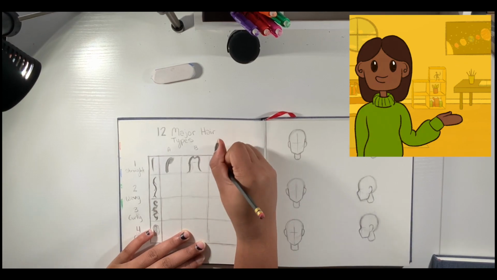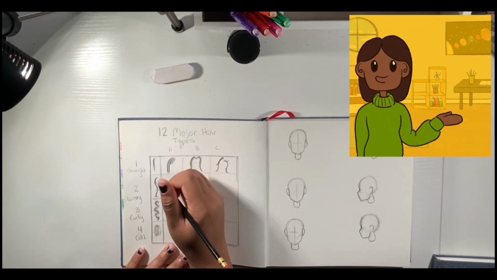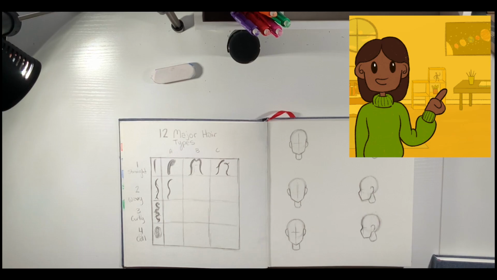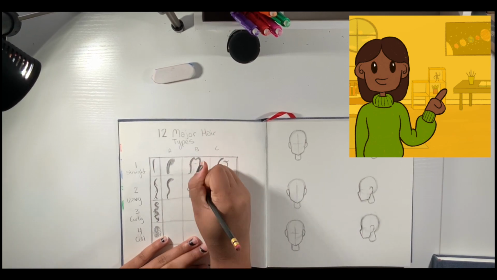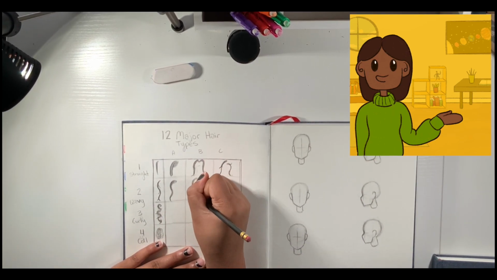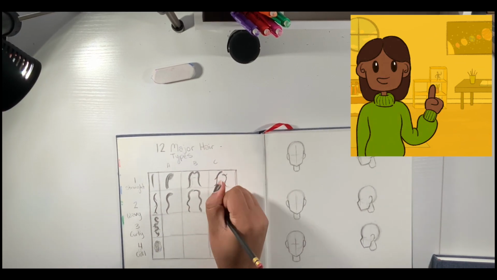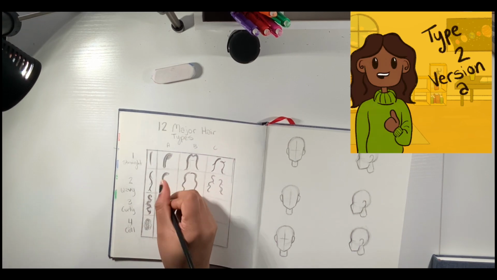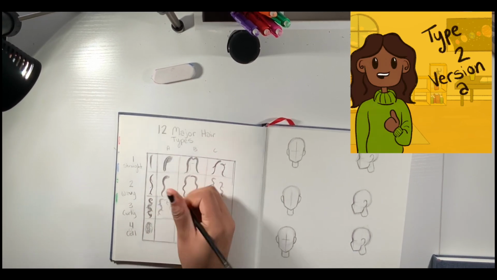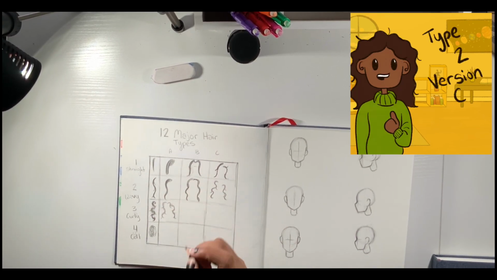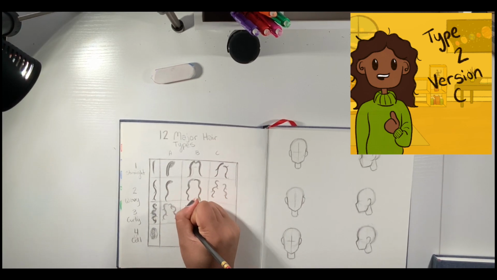Generally, this hair is going to be pretty flat to the head. You won't see much deviation in terms of the pattern, but there might be, like bedhead straight hair would be kind of like version C. And then type 2 will be wavy hair, and it's just subtle, not quite curly, but right in between the straight and curly.